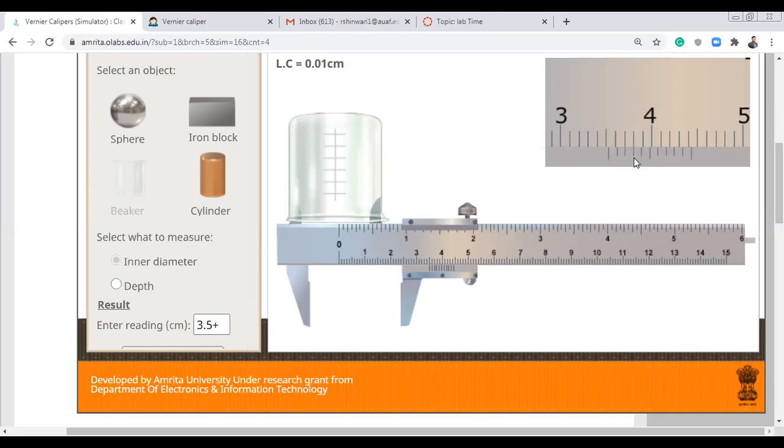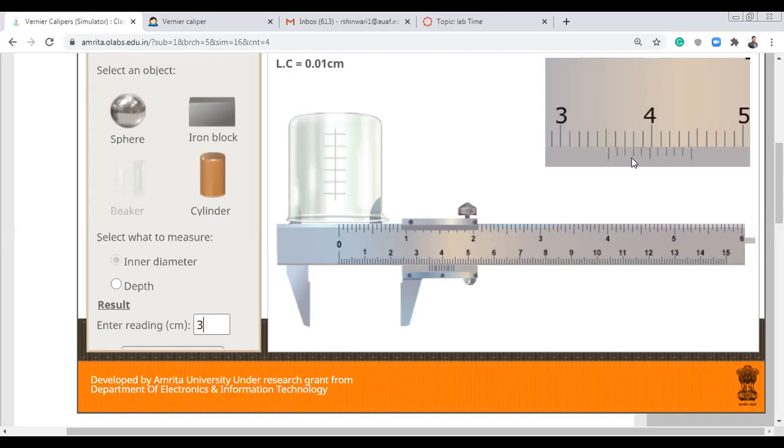So let's suppose third one. Then 3 multiplied with the least count, and the least count is 0.01. Let me write it down.